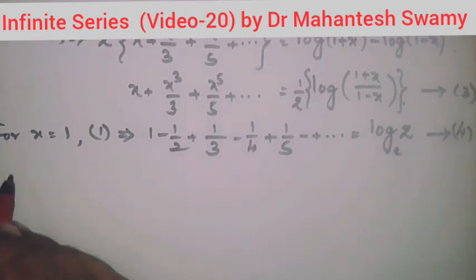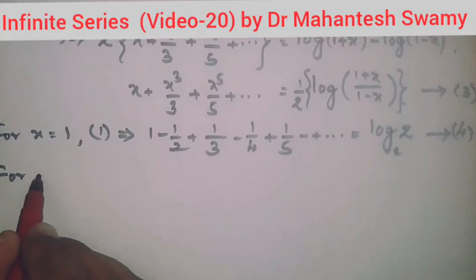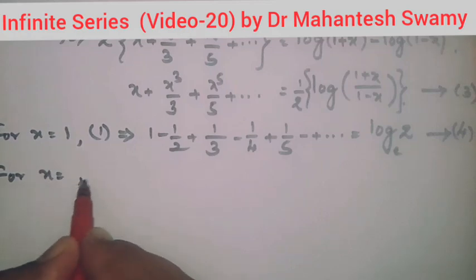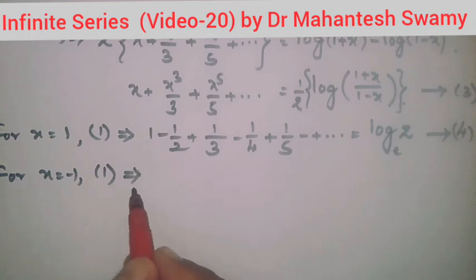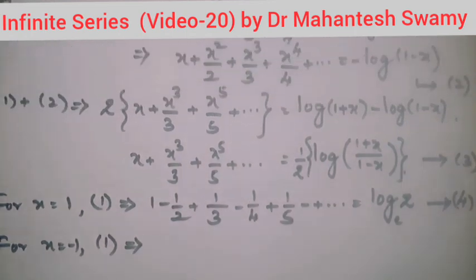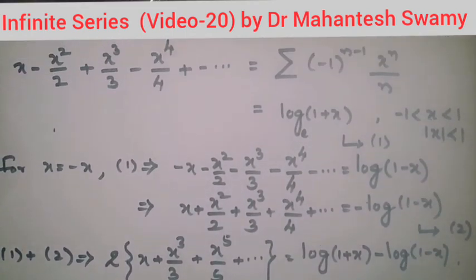Now what happens to equation number 1 when x is taking minus 1? Then equation 1 implies, in that case every term will become negative.